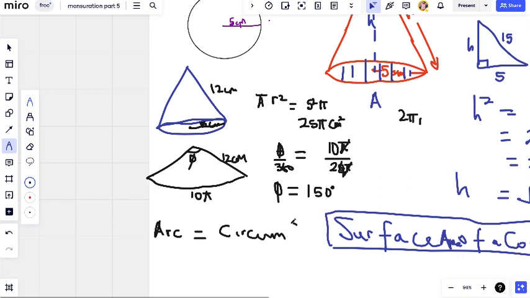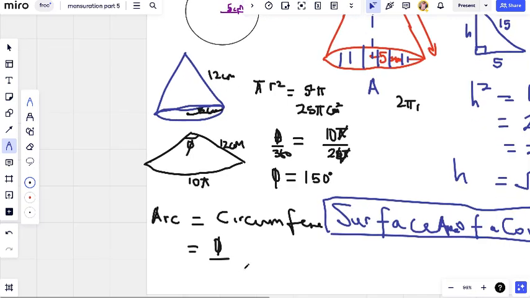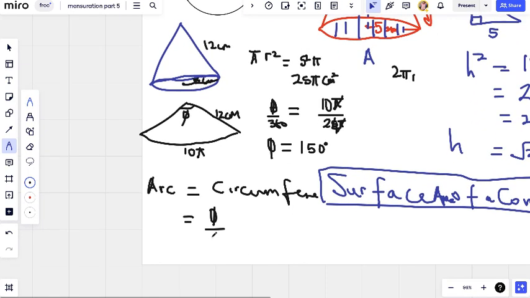So we already established this. If that is true, now let's calculate the angle from this arc length. So we say arc length is phi over 360. I actually wanted the shortcut, but I can feel that it will make you freeze.